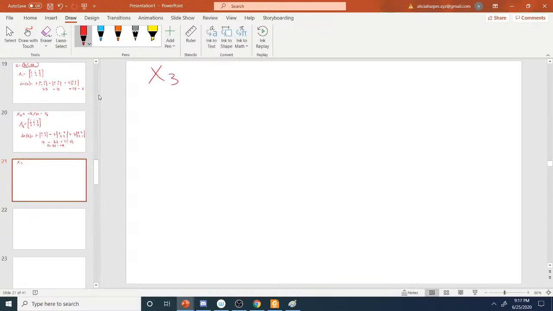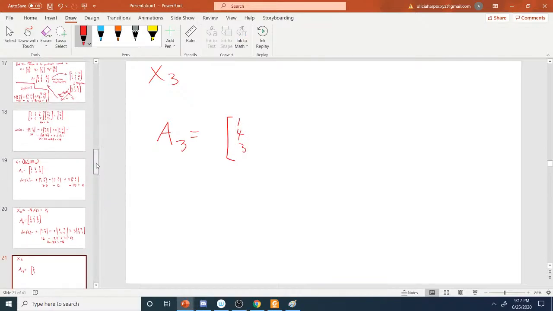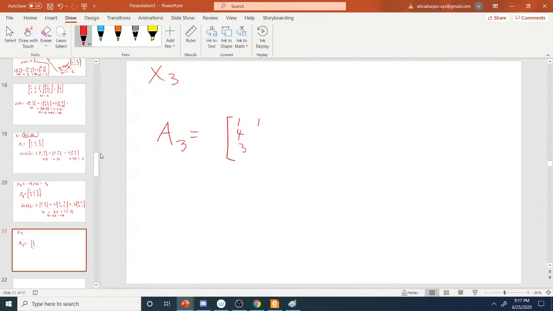For x3, we have to write down the matrix A3. And so this one is going to be 1, 4, 3, and then 1, 5, 0, and then 1, 2, 1. And we have to compute its determinant.